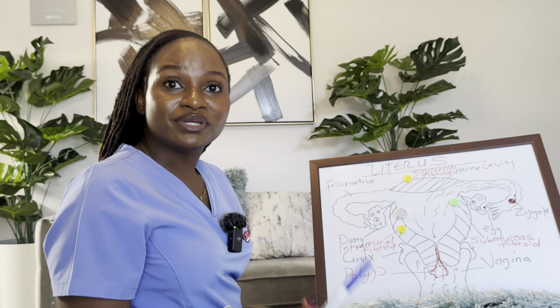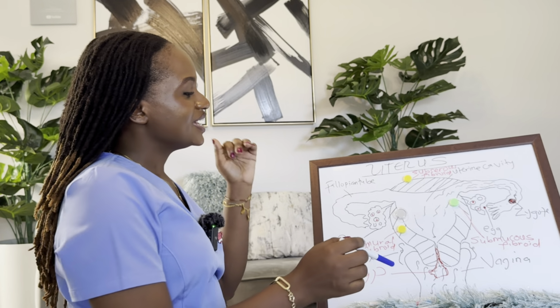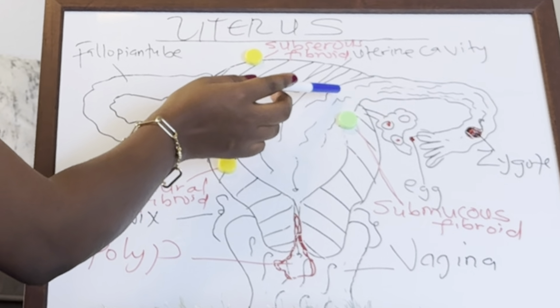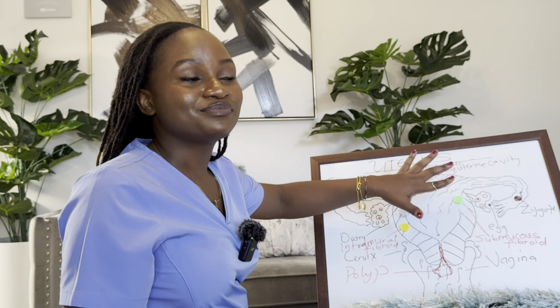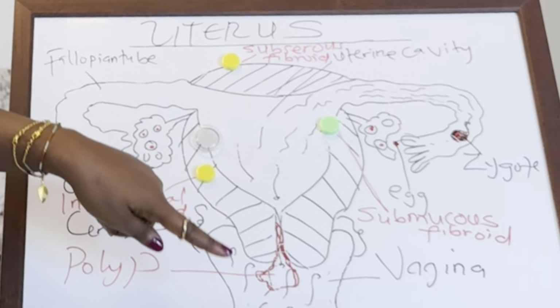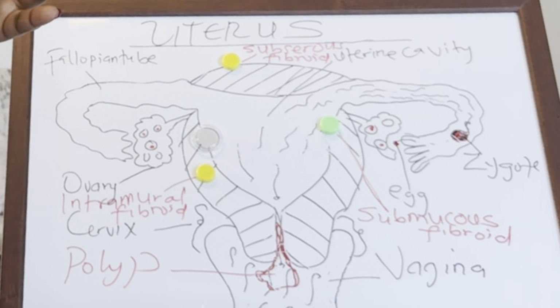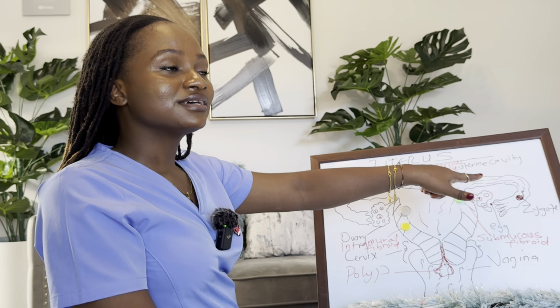Pelvic inflammatory disease is when a sexually transmitted infection has ascended all the way to the uterine cavity and into the fallopian tube. So how this prevents you from getting pregnant is, like I said before, the sperm is unable to pass through something that has healed on each other, something that scarring has occurred, and it prevents that sperm from getting to the egg and prevents fertilization from occurring.